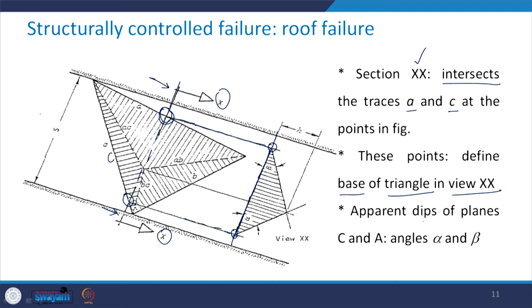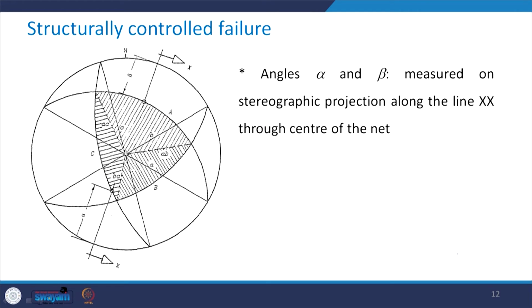Now, these apparent dips of the planes C and A are given by angles alpha and beta respectively. How to obtain these angles alpha and beta? Take a look here.